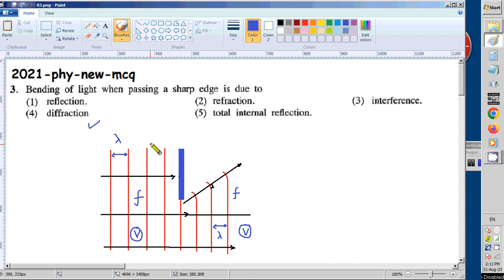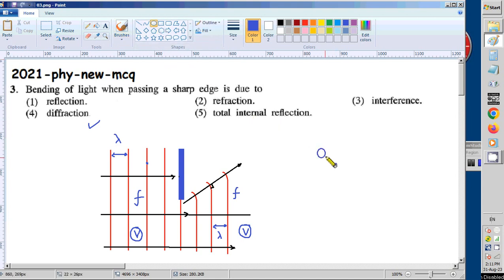Huygens said that all the points in a wavefront, and we can draw an infinite number of points like this, so let us consider a few, all these points act like a wave source.